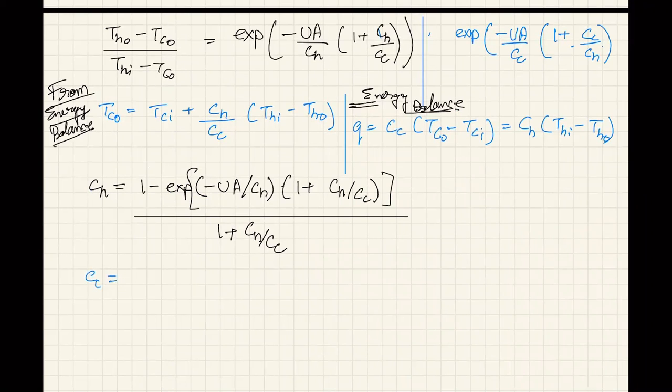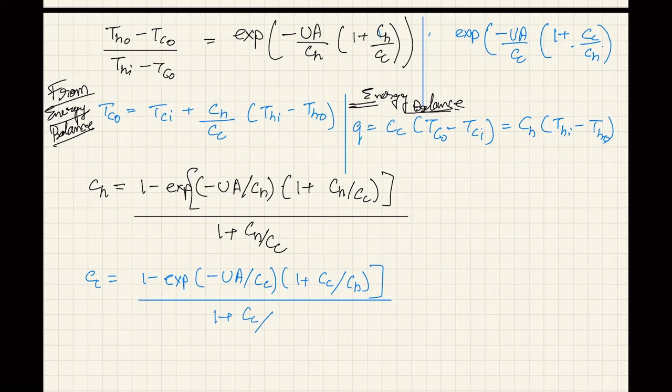CC will be minus exponential minus UA by CC times 1 plus CC by CH over 1 plus CC by CH. Alright.